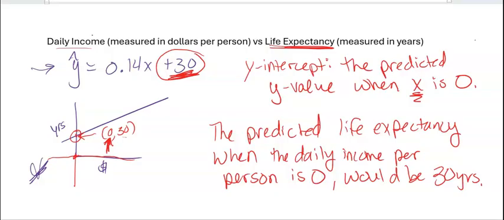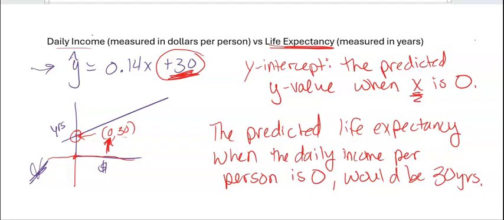Okay. I don't particularly like that sentence the way I phrased it, so I'm going to modify it a little bit. I'm going to move the 30 years up here by my predicted life expectancy. So the predicted life expectancy of 30 years, nope, I still don't like that. Oh, here we go.